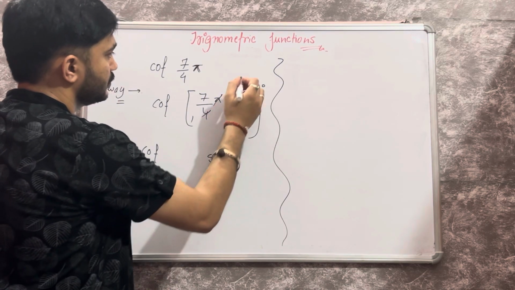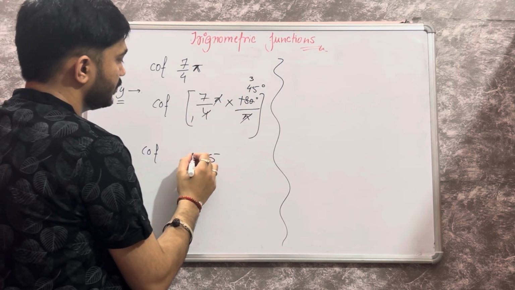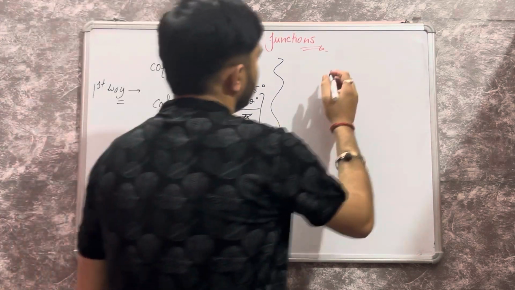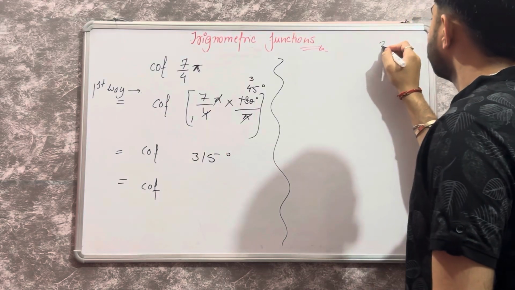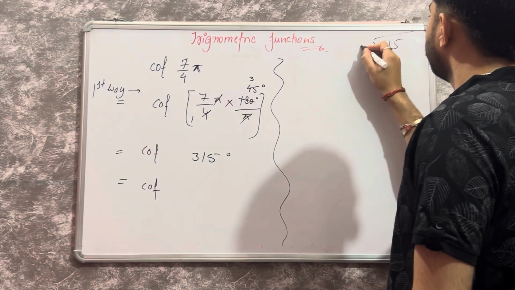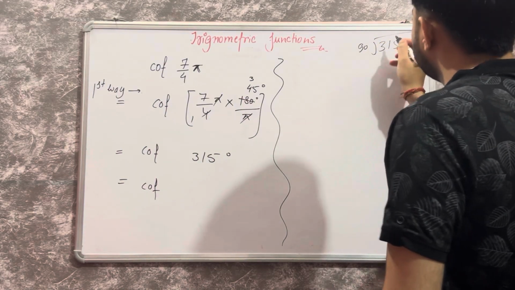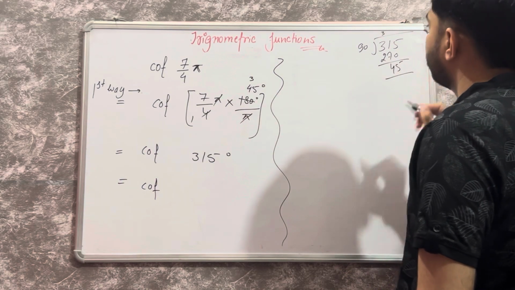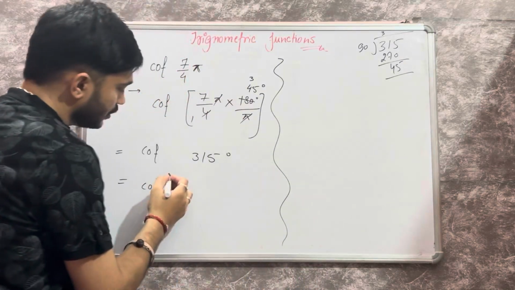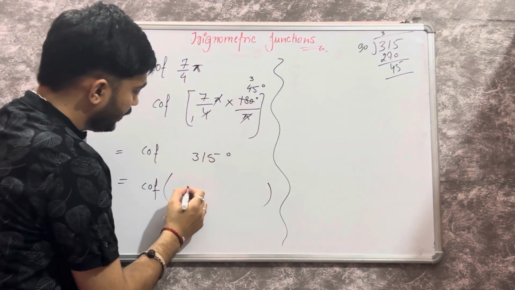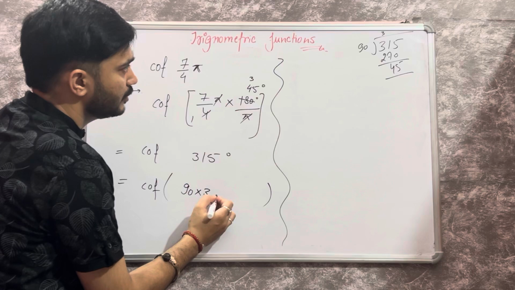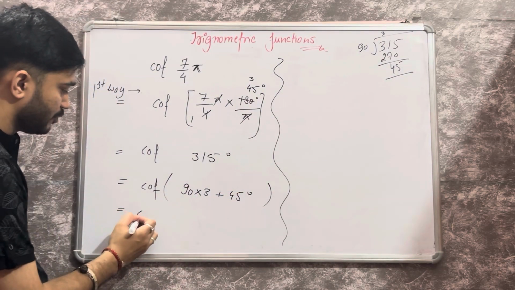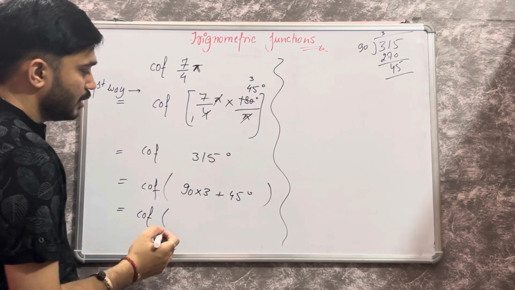Cot 315 degrees. Divide this number 315 by 90. What do you get? 3 nines are 270 and you get the remainder 45. Any doubts? So we write 90 into 3 plus 45 degrees, cot of 90 into 3.